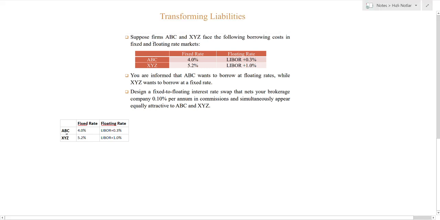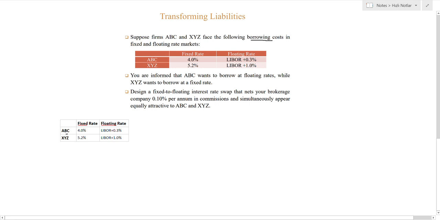The question says that suppose firms ABC and XYZ face the following borrowing costs in the fixed and floating rate markets. If ABC company borrows some money, it has the fixed rate of 4%, and for the floating rate it will be LIBOR plus 0.3%. For XYZ company, the fixed rate interest is 5.2% and the floating rate will be LIBOR plus 1%.